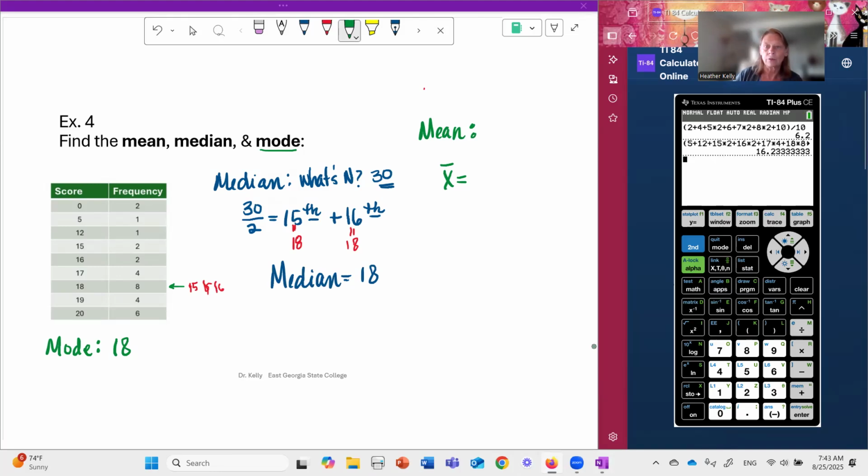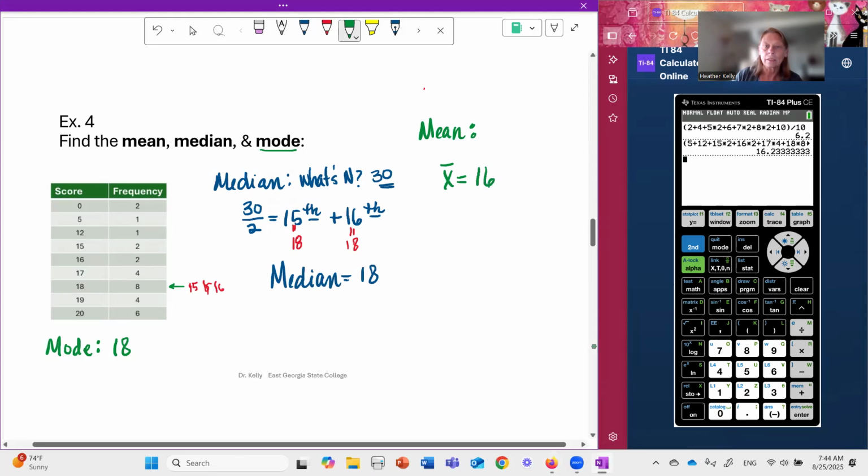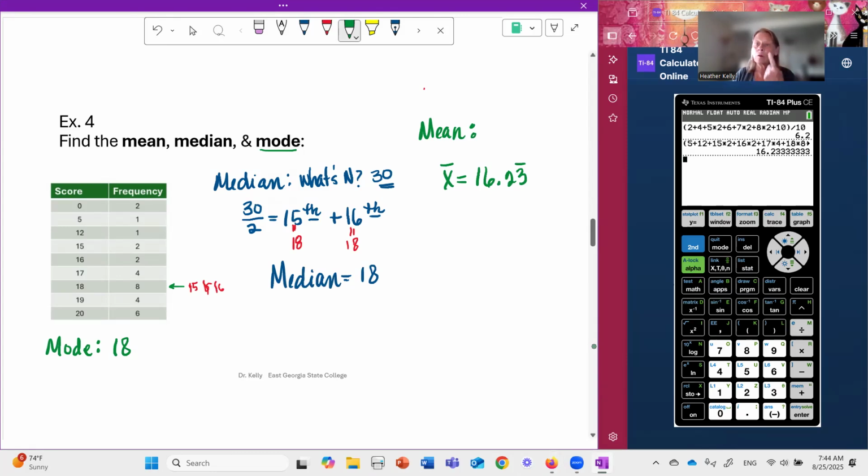And this is going to give us our mean at 16.23 repeats. Now we want to go 1 decimal place more accurate than the data we were given. We were given whole numbers. The scores of these quizzes were whole numbers. So our mean is going to be 16.2 because that 3 does not round up that 2. Awesome?